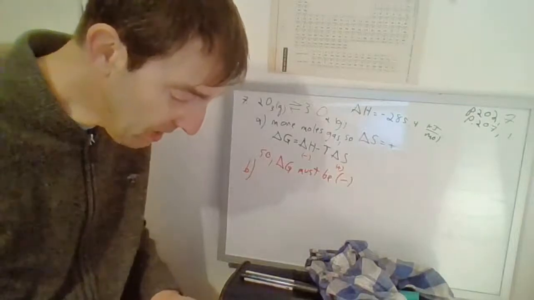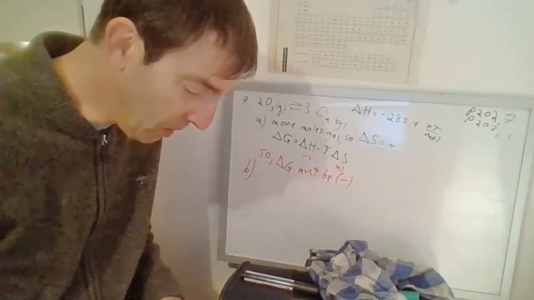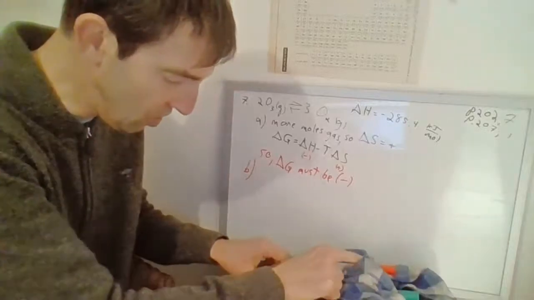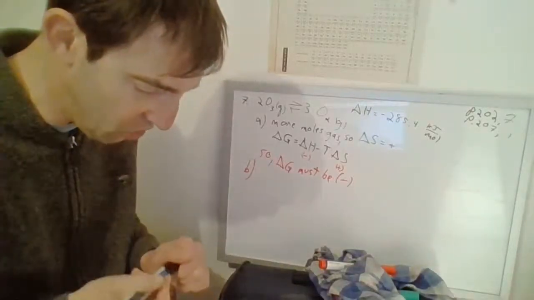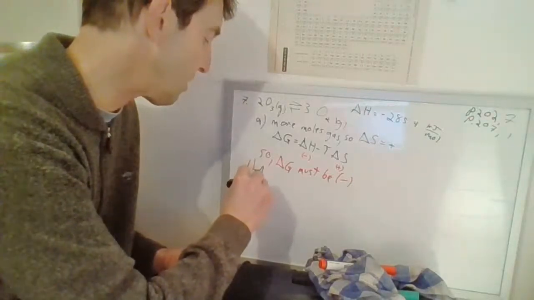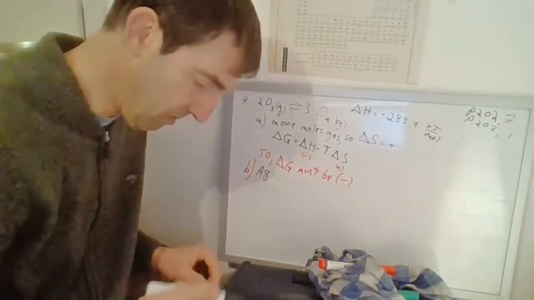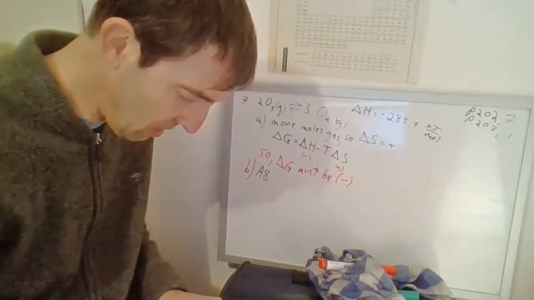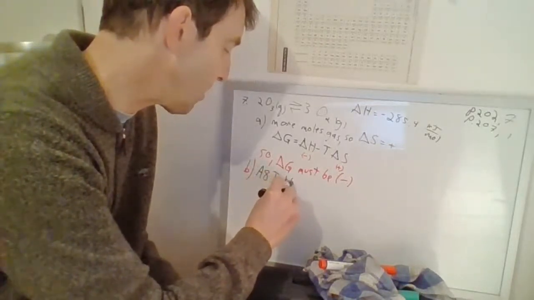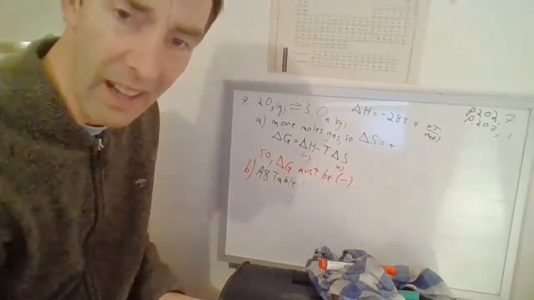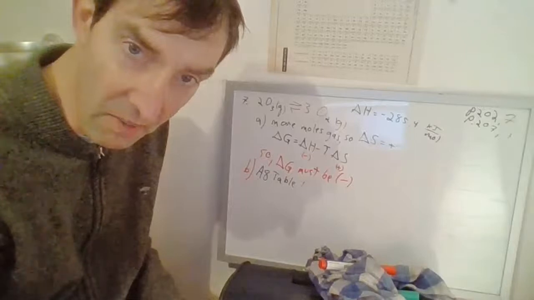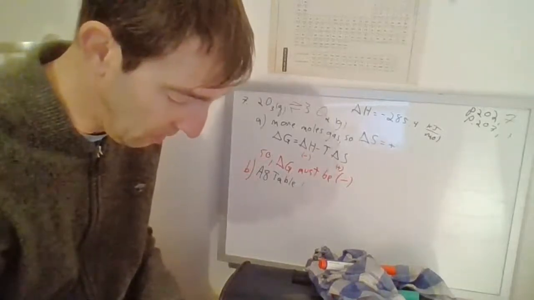For B, it says we got to use the values in A8 to get delta H, delta S, and delta G. Okay, so appendix 8. On the AP and on my test, I will give you that data. But you have to look it up here, okay?